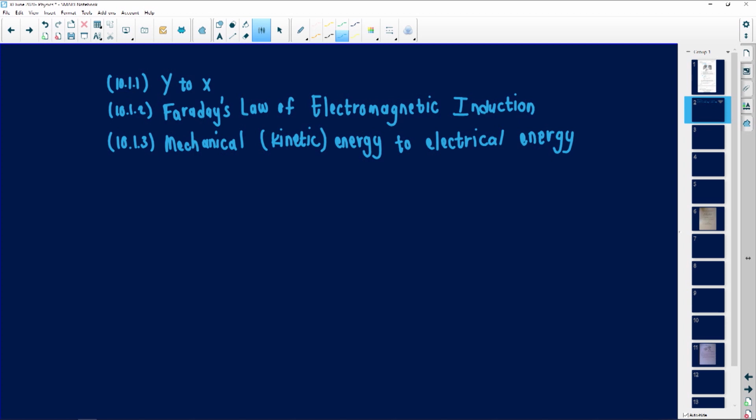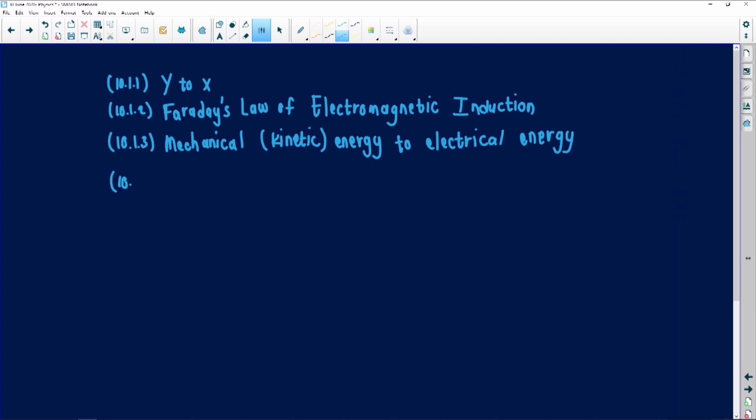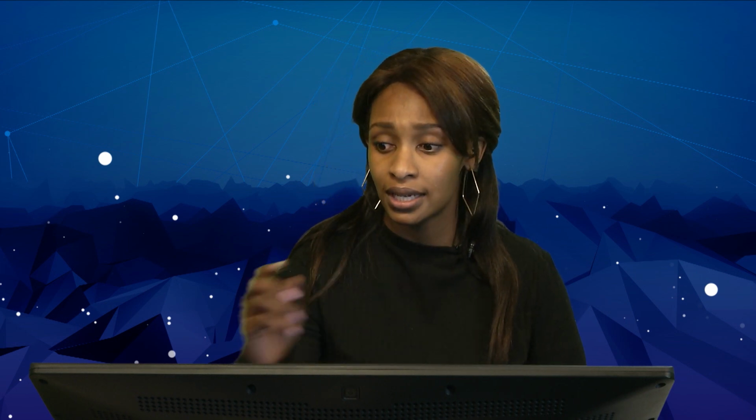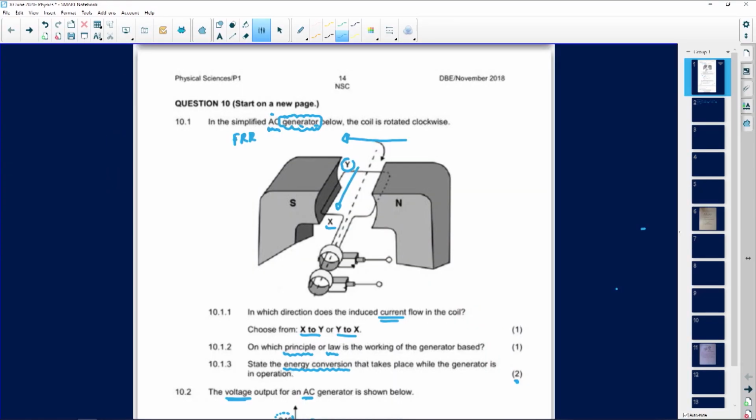So this is 10.2.1. The peak of this generator is 340, but now remember you need an SI unit. It's a capital V, not a small v, because a small v means velocity. You also don't want to show the examiner that you are getting confused between voltage and velocity, right? Make sure that you use the correct SI unit. So that was very easy.